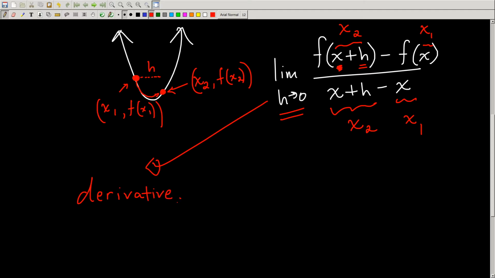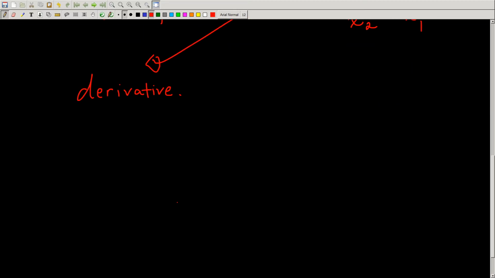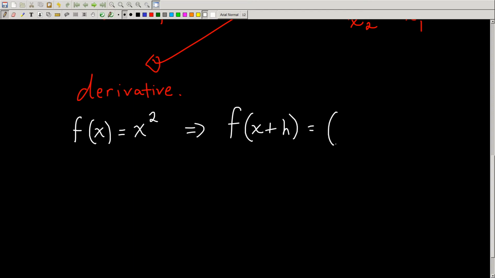Okay? Now let's do that. Let's pick a specific function and actually perform this limit calculation. You have to do a bit of algebra. So let's say f of x is equal to x squared. Well, this means f of x plus h is equal to (x plus h) squared.